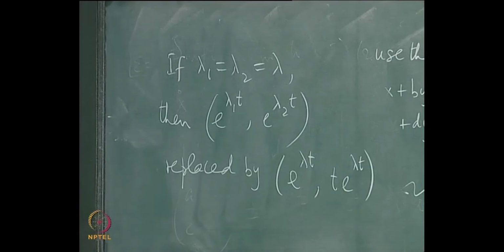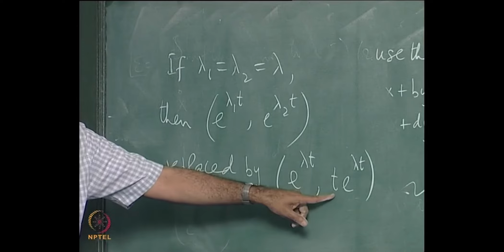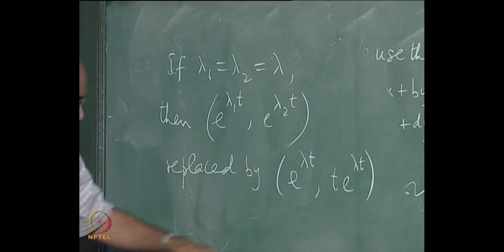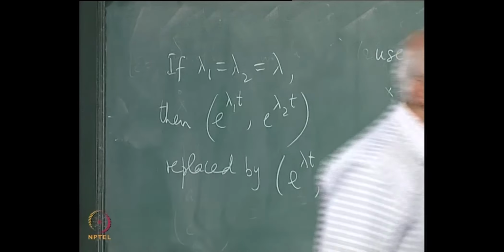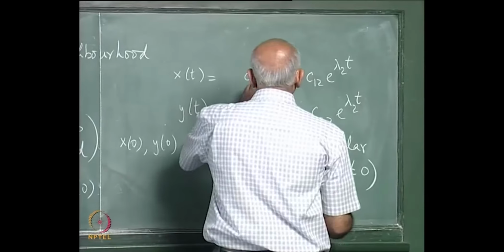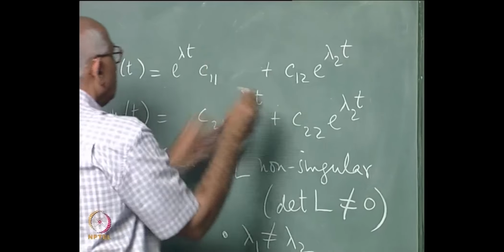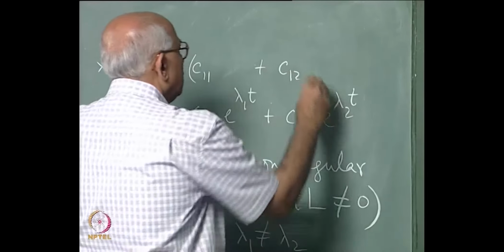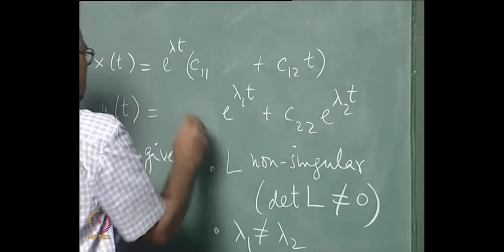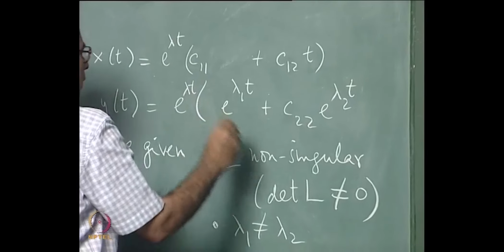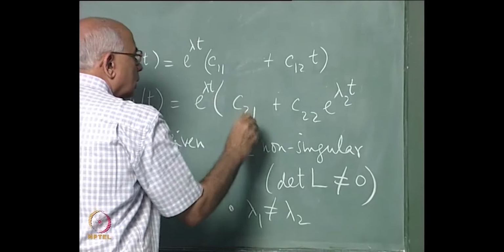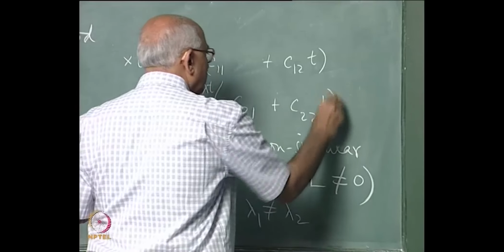There is a secular dependence here on t and then an exponential, and therefore these equations would be modified to read something like e to the lambda t multiplied by C11 plus C12 t, and similarly e to the lambda t into C21 plus C22 t.